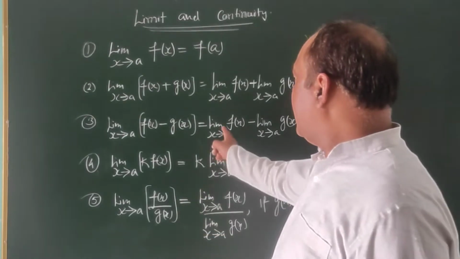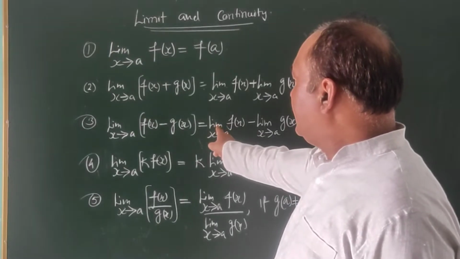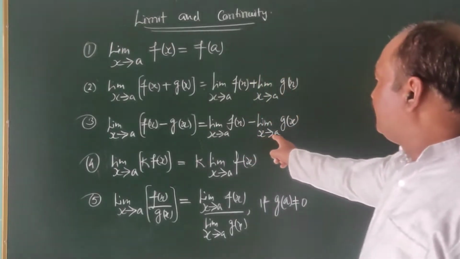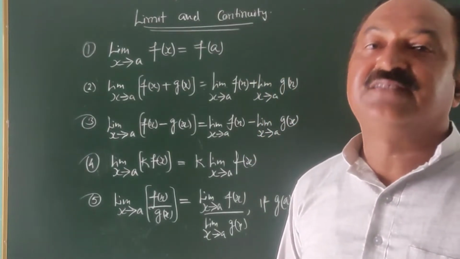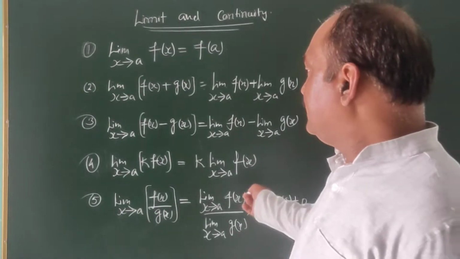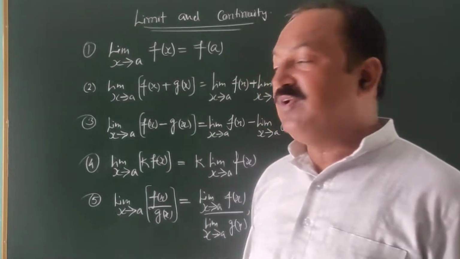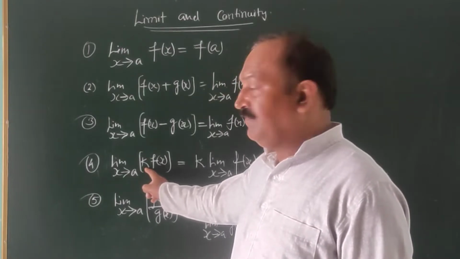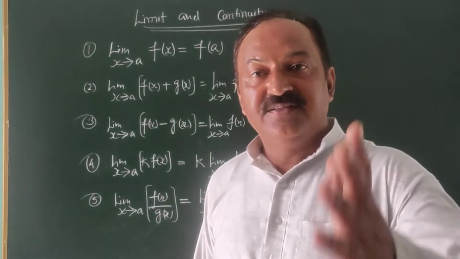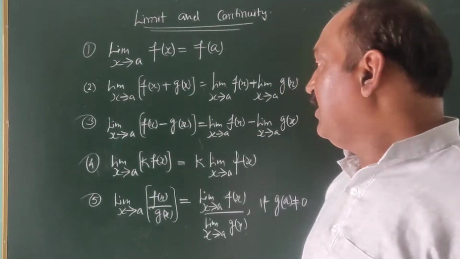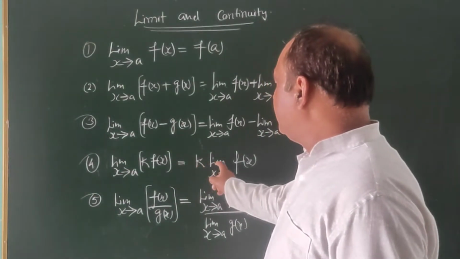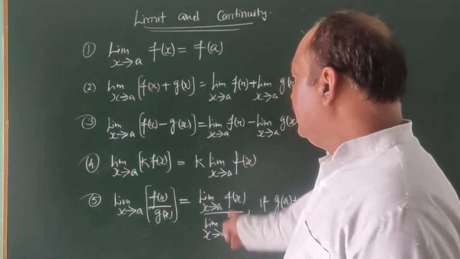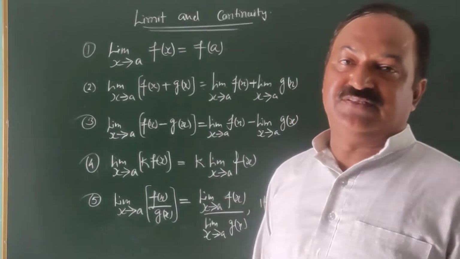We can take their separate limits and we get limit of x approaches to a f of x separate minus limit of x approaches to a g of x की अलग से लिमिट। तो इसी प्रकार से the fourth formula is limit of x approaches to a k time, here k is any constant f of x, we can take the constant k outside the function, outside the limit, and we get k times limit of x approaches to a f of x. So this is the fourth formula of the algebra of limits.